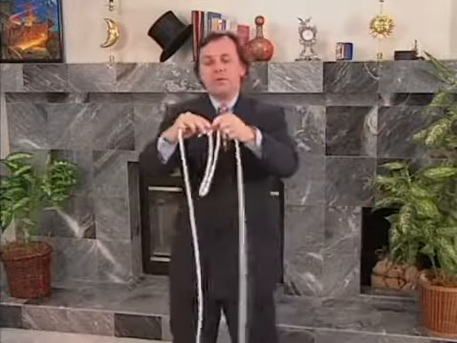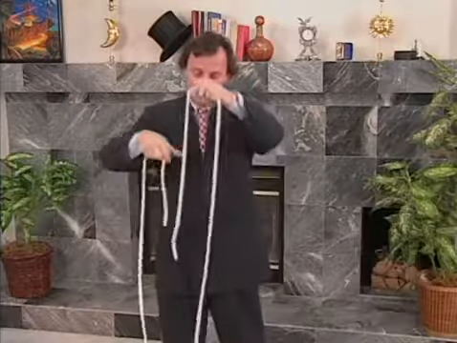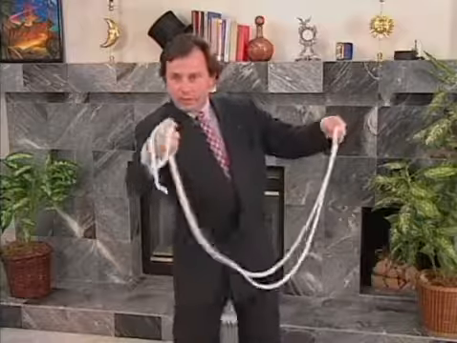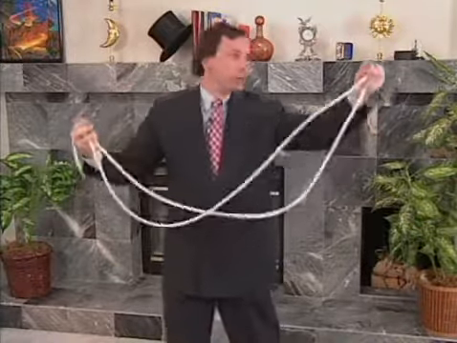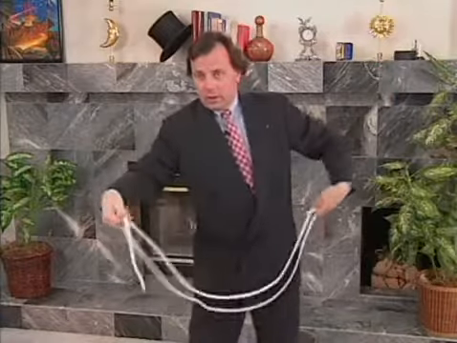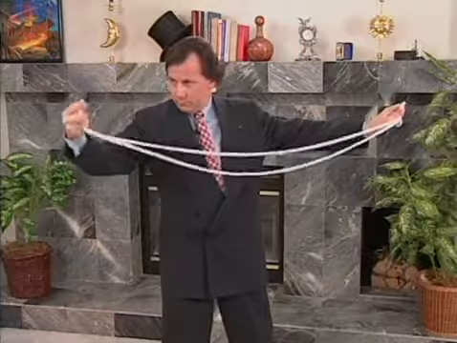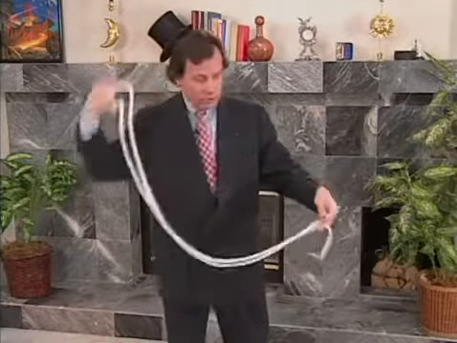And now for you, the famous trick of the traveling end. Look, this is a rope, and the first end, second end. And of course, the middle of the rope.